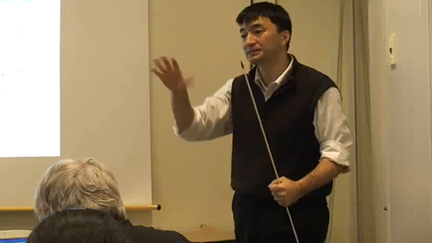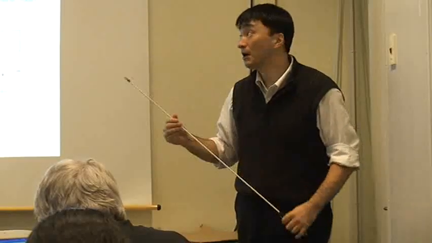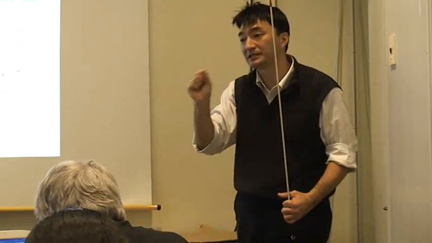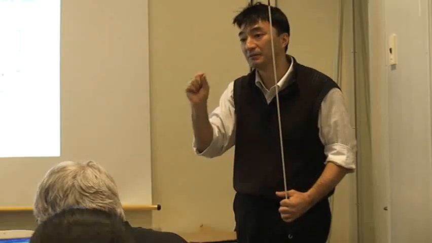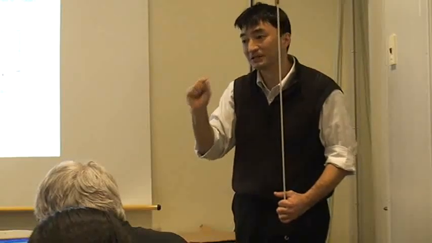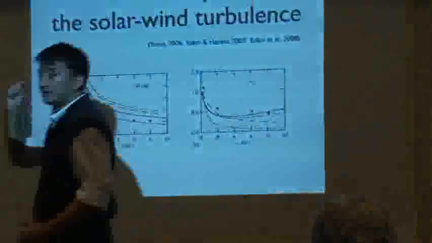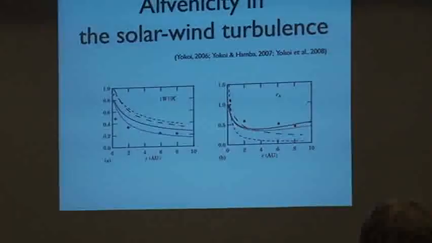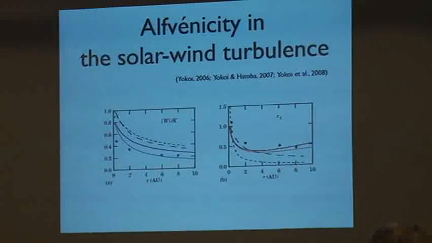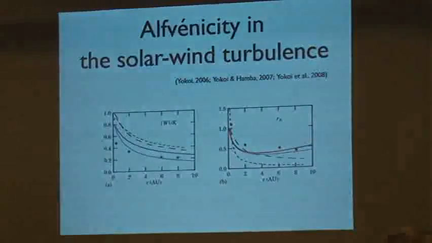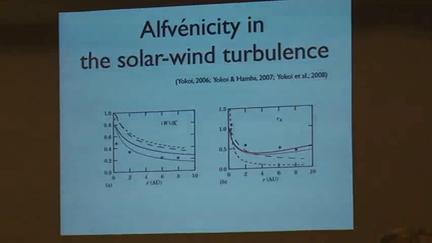So in this sense, it may work. And also some magnetic pumping. For magnetic pumping, residual energy is known to play a very important role. But in that case, the deviation from equipartition doesn't play much role.